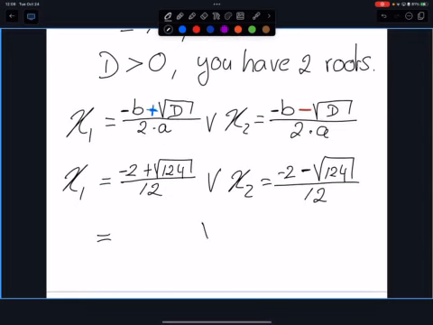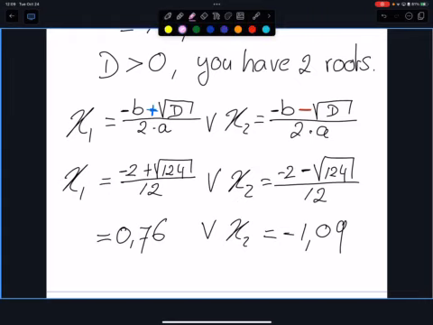Place this in your calculator and it gives you an answer. These are my two different answers.